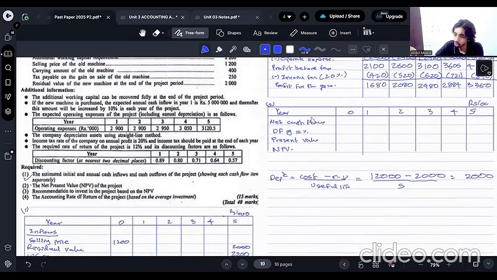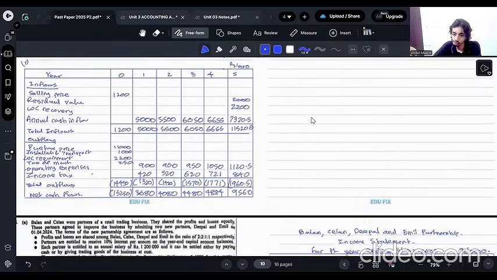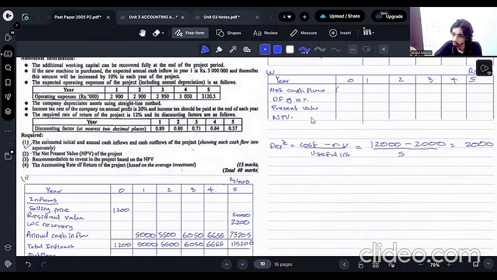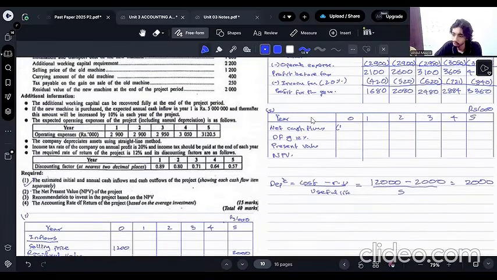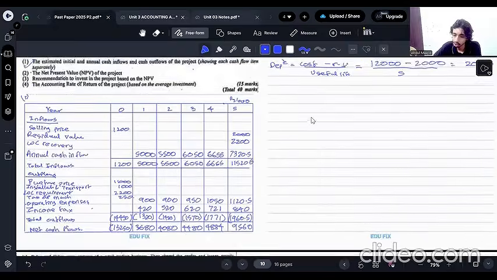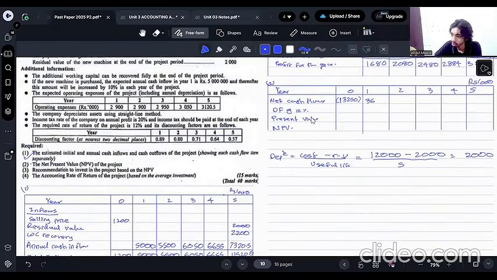So in rupees 1,000: year 0 net cash flow is negative 13,250. Year 1, 3,680. Year 2, 4,080. Then year 3, 4,480.